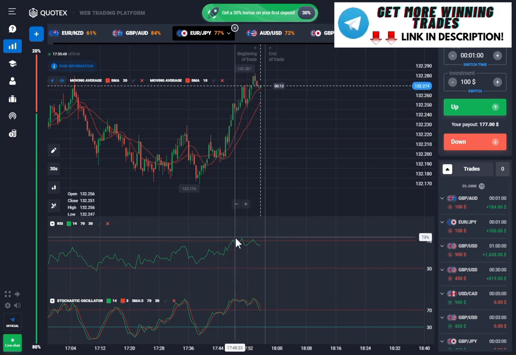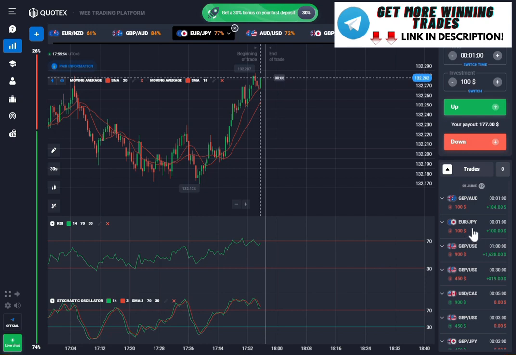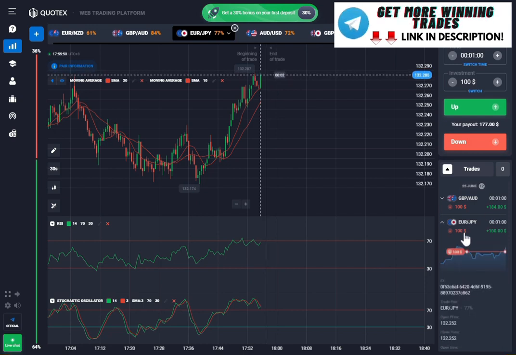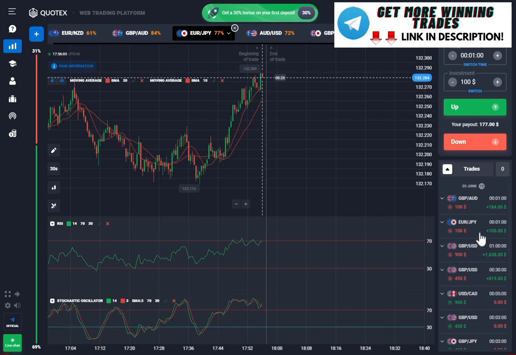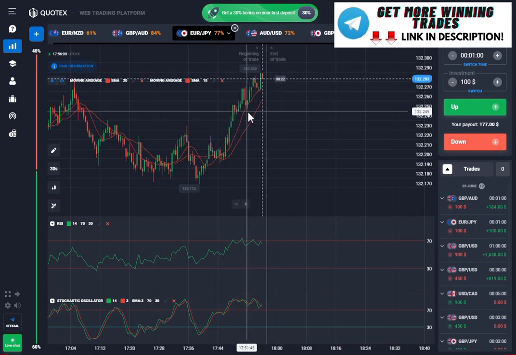So if you apply the default plan, it's quite risky. So far I've done 2 trades. Actually the Euro JPY ended up a draw. My trade size was 100 and I got 100 back. So I'll consider this as lucky, since in my opinion it was supposed to be a loss.